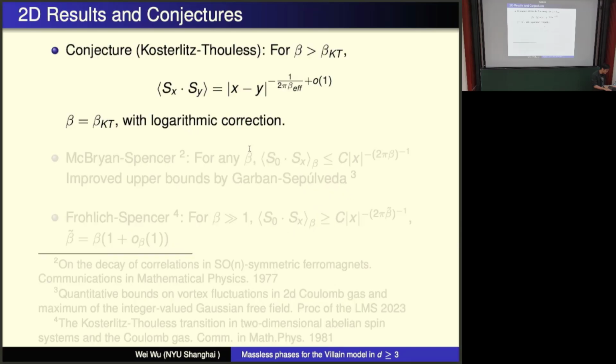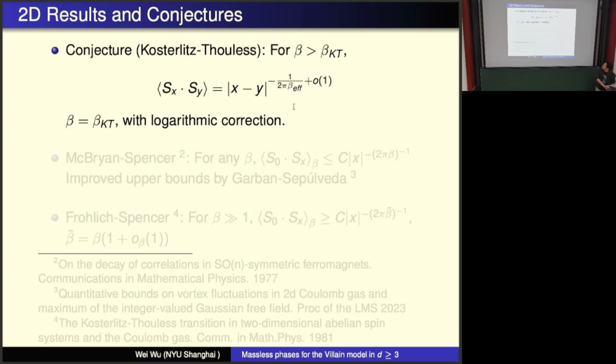So let me just mention some of the known and unknown results in 2 dimensions. First of all, Kosterlitz and Thouless predict that for any temperature larger than the critical one, in the KT phase, the 2-point function would asymptotically have an exponent, but beta effective does not equal beta.